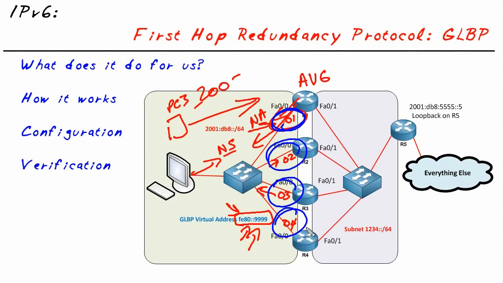So we still have the benefits of fault tolerance. So if any one of these goes out, one of the other routers will pick up double duty and respond on behalf of his MAC address. So behind the scenes we have fault tolerance, and we also have the benefit of using multiple devices to forward traffic. With Gateway Load Balancing Protocol, we can actually load balance across the group of the forwarding devices.